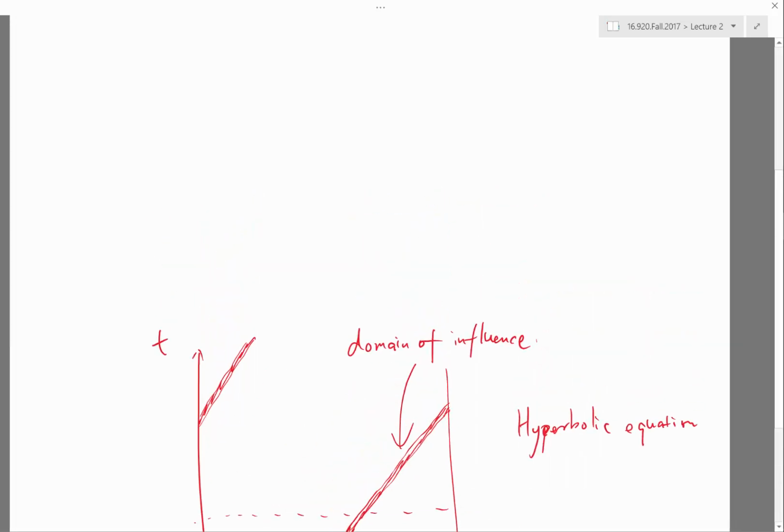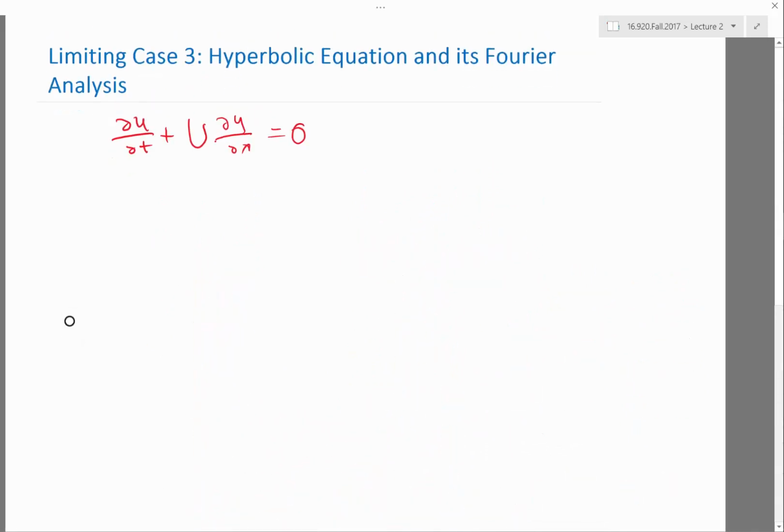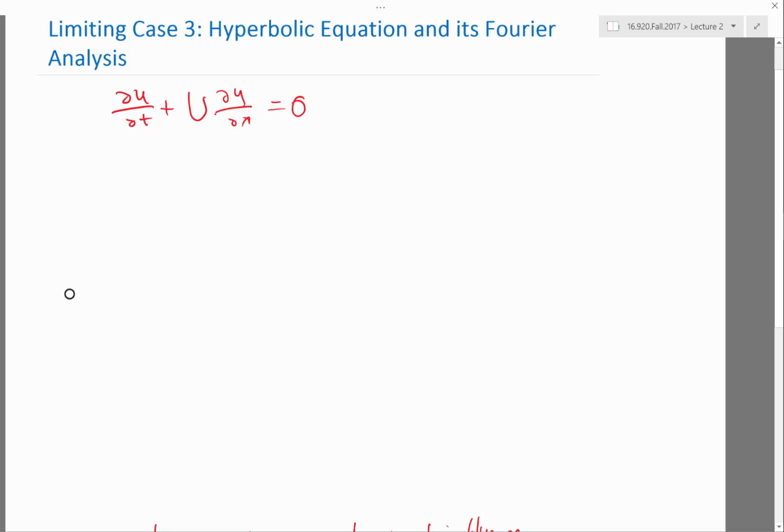Okay. So why does the solution travel towards the right at a fixed speed? That can be seen from its Fourier analysis. Again, we set u at x, t equal to 0 as u0 of x. And we do the Fourier expansion of u of x and t as the summation, k going from minus infinity to infinity, of u hat of k, which is again a function of time, times e to the jkx.